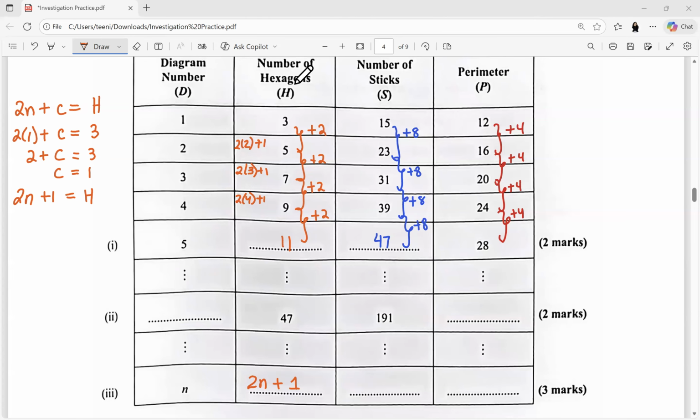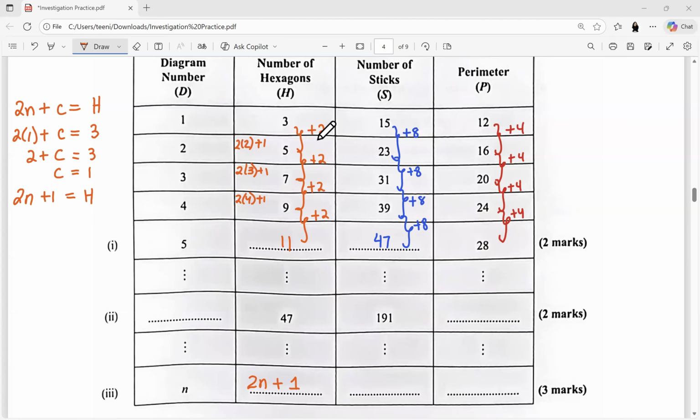How I got that is because I first identified that the common difference between the number of hexagons is 2, right? Because 3 plus 2 is 5, 5 plus 2 is 7, 7 plus 2 is 9, 9 plus 2 is 11. So as you can see, the number of hexagons keeps increasing by 2. Each new diagram has 2 more hexagons.